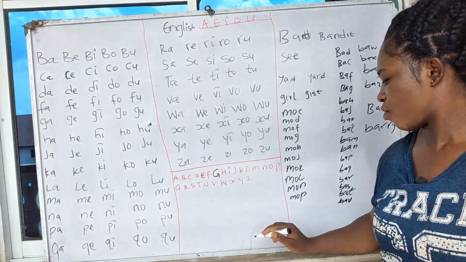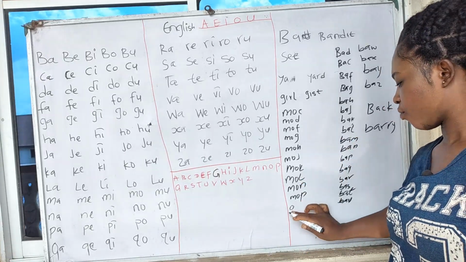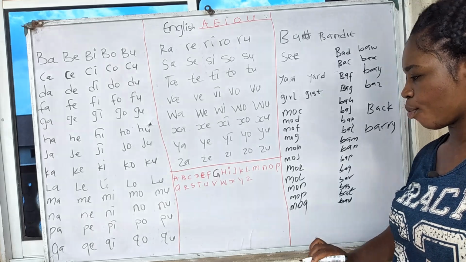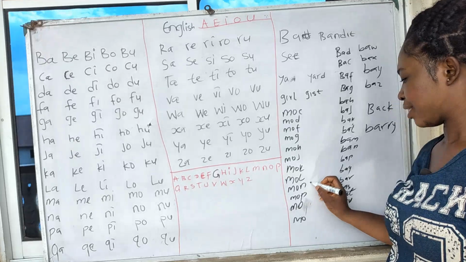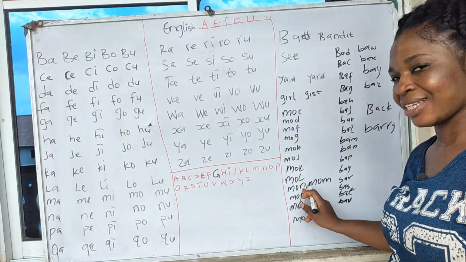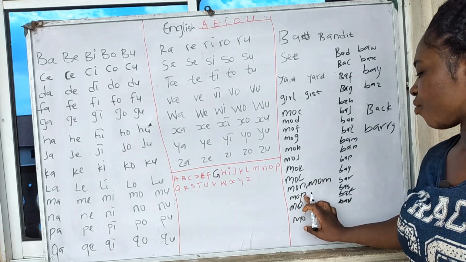This M, we move on to N, we have mon, Monday, we have mop. This is the hui sound, so we have mop. We are working with M, but we can still add M and we still get mom. All right, we have mon, mom. All right, so we have mop.